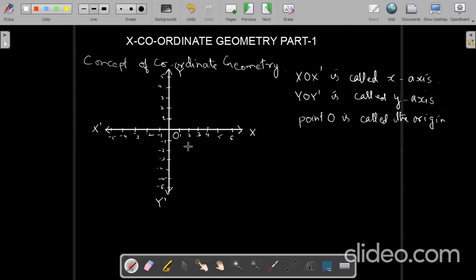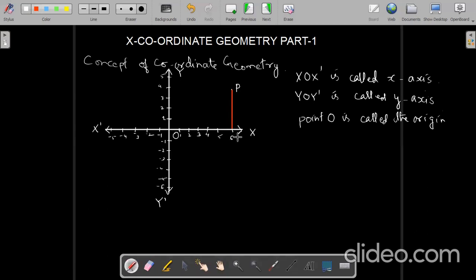If we have any point P on this coordinate system, let's take this point P here. When you draw the perpendicular from P, we drop a perpendicular from P on the x-axis.